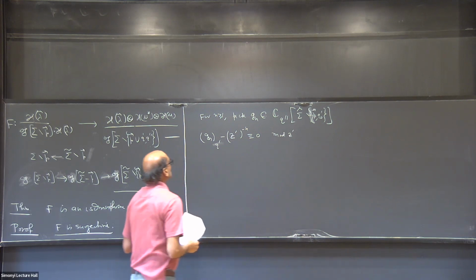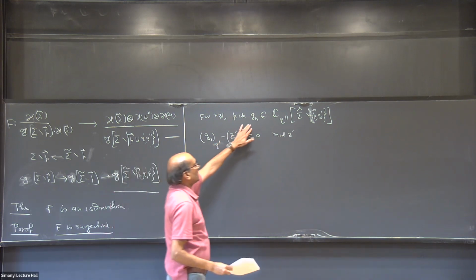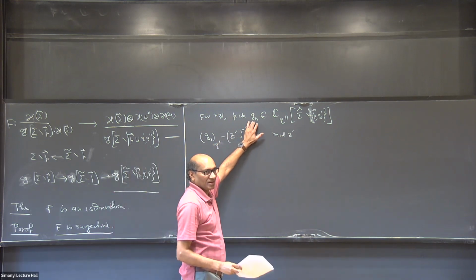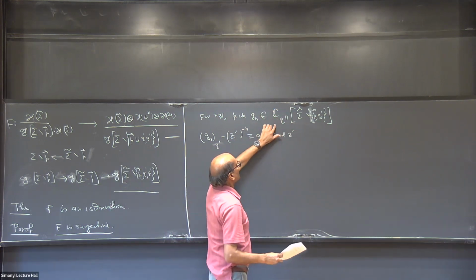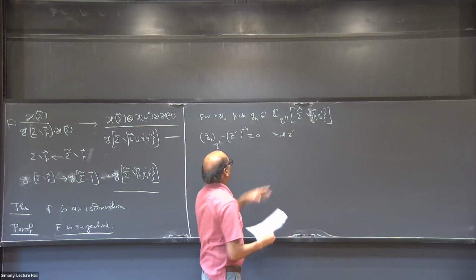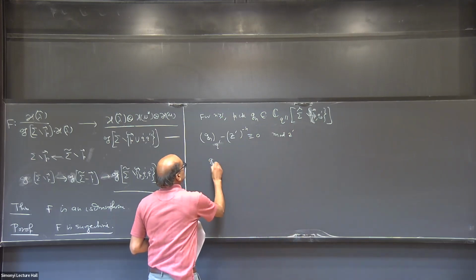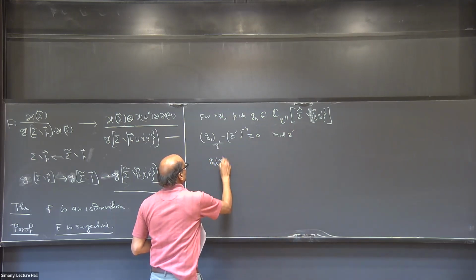So what is the notation here? We want to pick a global function, and this notation means that it vanishes at q double prime. So g_n at q double prime is 0.